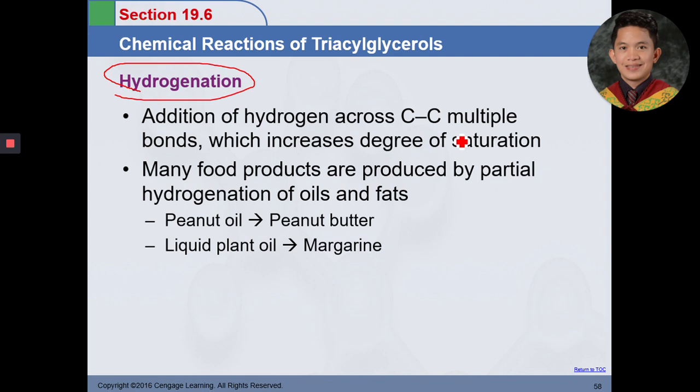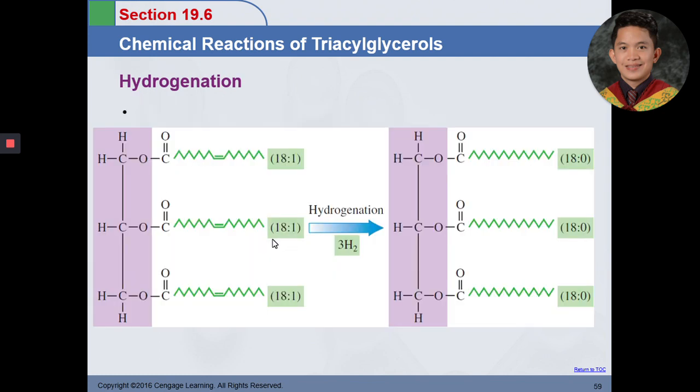Okay, so this illustrates the process of hydrogenation. As you can see from here, the double bonds are lost because hydrogen atoms are added to the carbons possessing these double bonds.